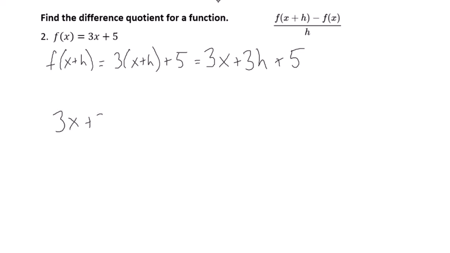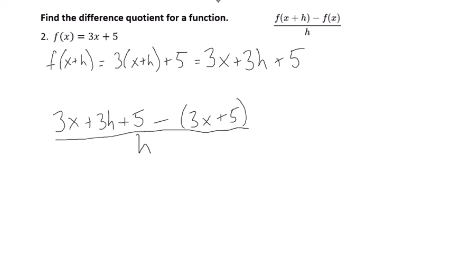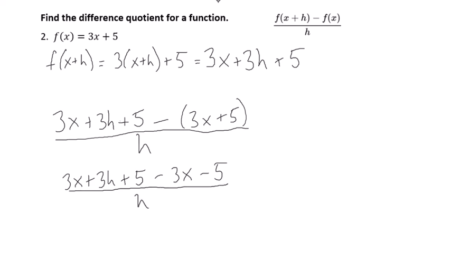3x plus 3h plus 5 minus the f of x, which is 3x plus 5, divided by h. So now we have 3x plus 3h plus 5 minus 3x minus 5, because that subtraction is changing the sign of everything out in front, divided by h.